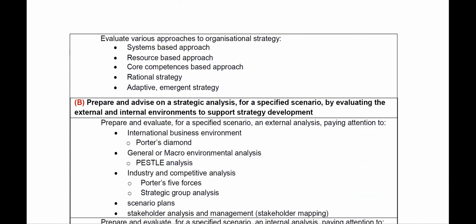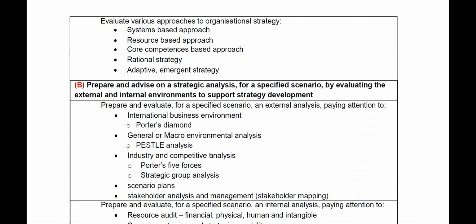Then when you finish, you are now going to look at the various approaches to adopting a strategy. Before you form a strategy, you are going to ask yourself, what approach am I using? We have a systems-based approach where you are looking at organization systems and how they operate and how they come up with their strategies. We have to look at a resource-based approach where you are looking at strengths and weaknesses, or what resources have value, okay?